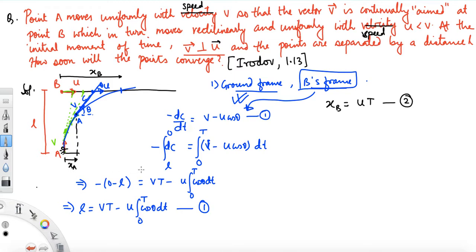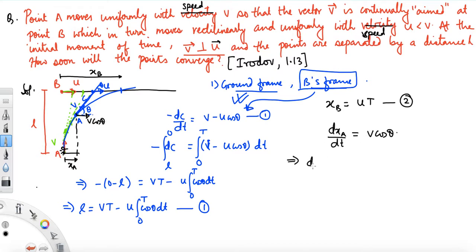XA is the coordinate of A. If an observer is here, then we can write dxa over dt, which is the rate of change of the x coordinate, is going to be the component of its velocity along the x axis, which is v cos theta, right? Because v cos theta is the component of velocity of A along the x axis.